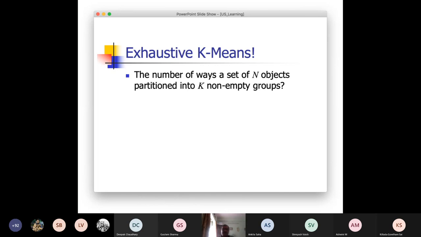So as you can see, you can do it exhaustively. You can enumerate each and every combination. Each partition is a particular grouping, and you can compute the sum of squared errors, and then choose the one which is the minimum. That is an exhaustive k-means algorithm.